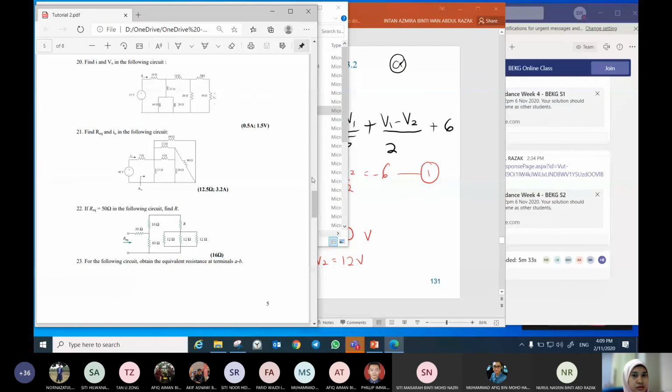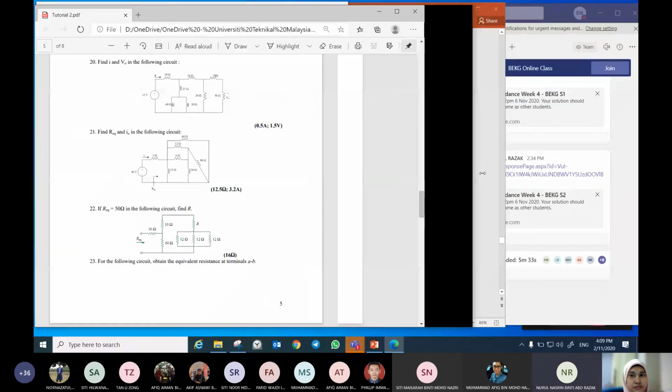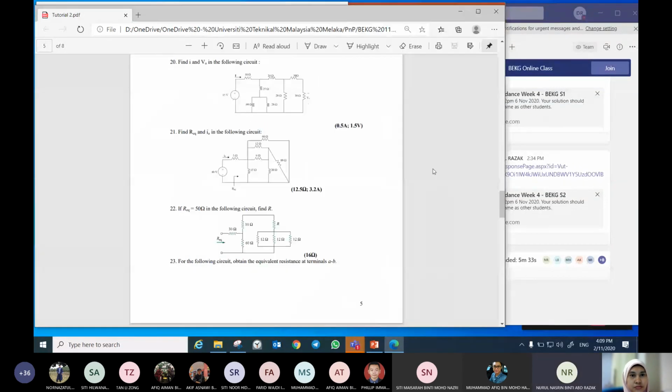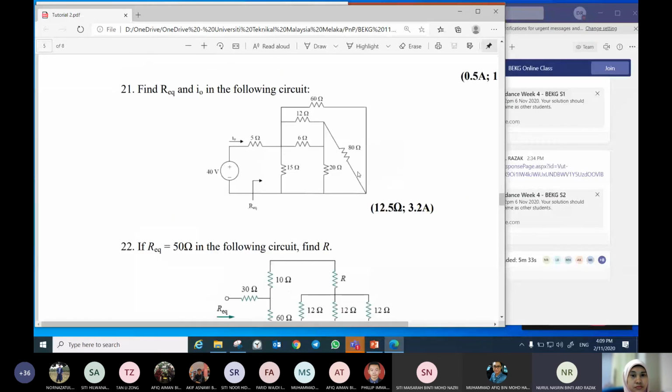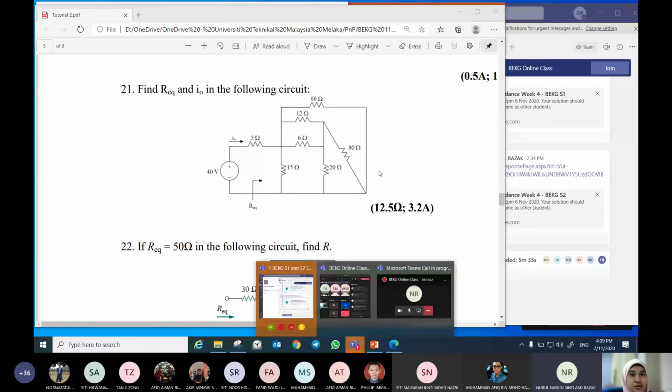Okay. Doktor macam mana nak kira sebab saya dah convertkan yang delta tu kepada Y, tapi saya tak reti kira. Which delta? The middle one. This question.